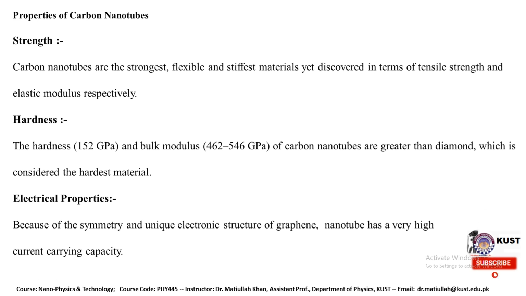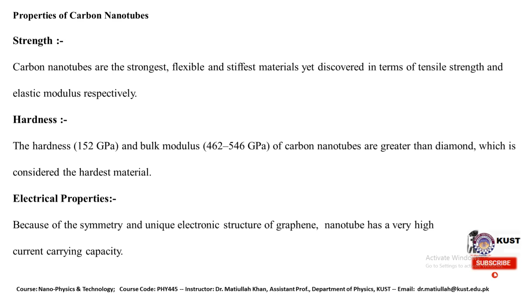Now, the properties of nanotubes: why are these nanotubes important to us and why do they have a wide range of applications? Before discussing the wide range of applications, we need to look at its excellent properties. That is why it has attracted attention and been a useful material for a wide range of applications.